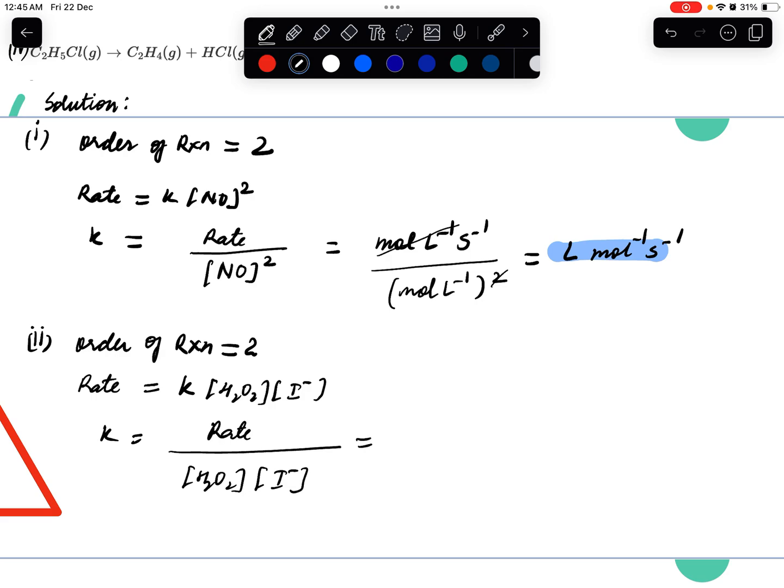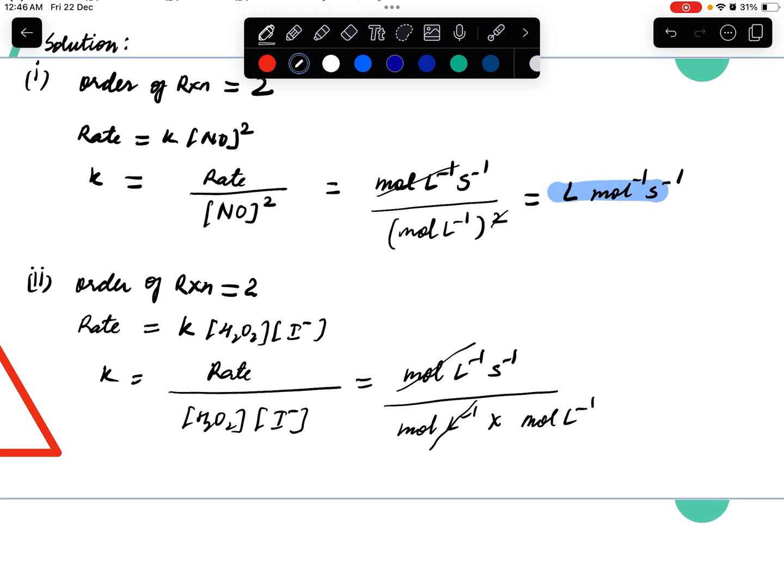So for rate, we write rate in moles per liter per second, and for first one, concentration is written as moles per liter and multiplied by moles per liter. This 1 moles per liter will cancel out, so we will be getting the same dimension, liter per mole per second.